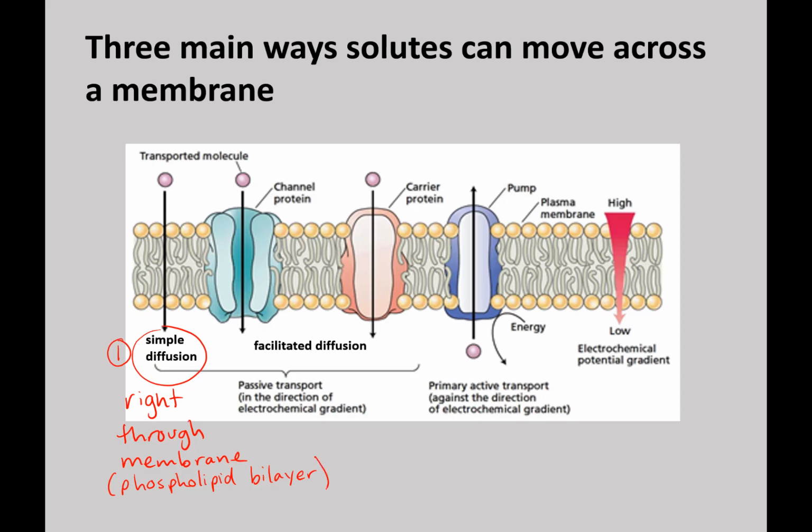Next, we have facilitated diffusion, which means that a protein is required for movement of the molecule across the membrane.